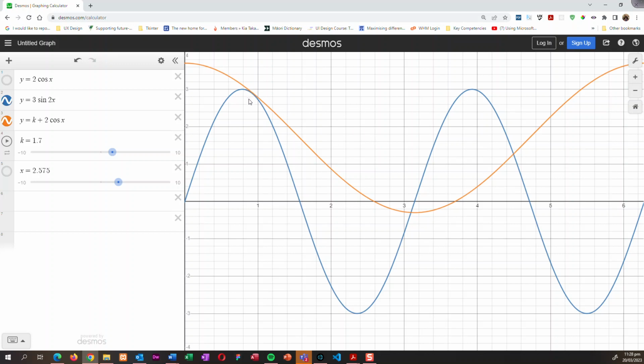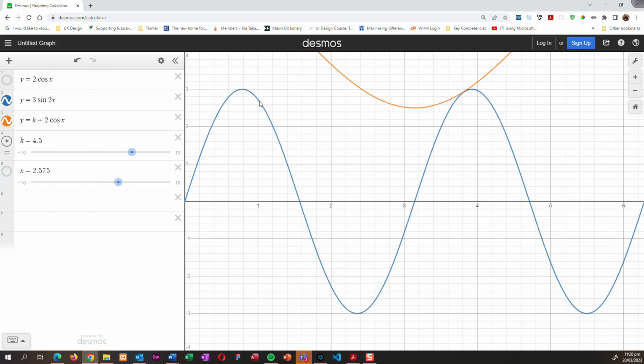So notice that when this cosine graph touches here, and then if you increase k, so for around about 1.7, and if we keep increasing k, notice that the graphs are only intersecting twice, but basically with k values that are more than 1.7, up to this point about here, where k is about 4.5.